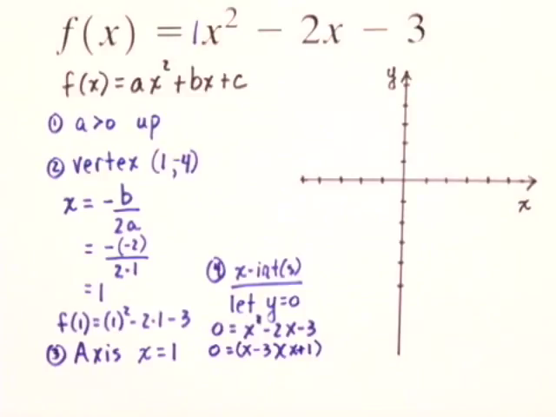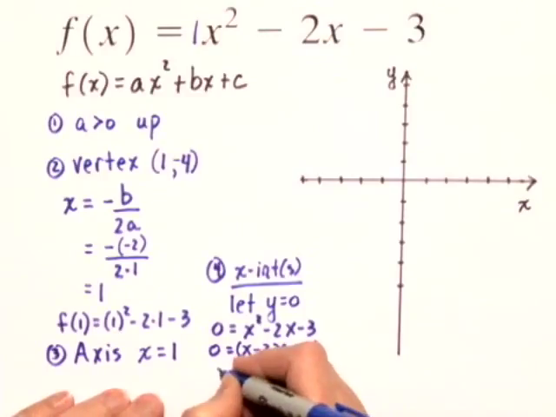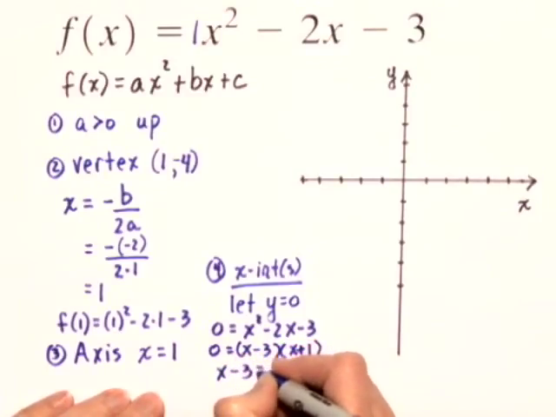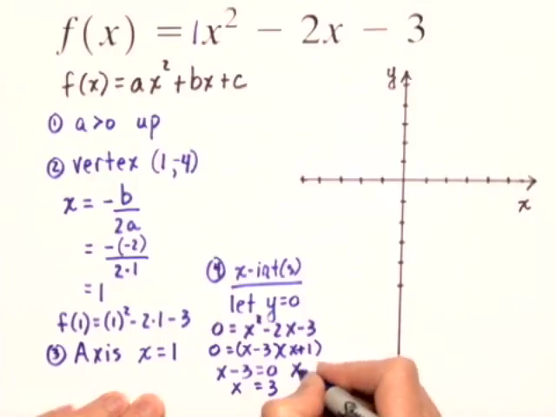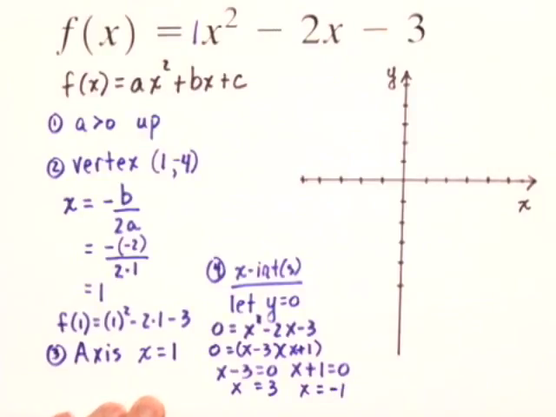If we set x minus 3 equal to 0, we get the x-intercept of 3. And if we set x plus 1 equal to 0, we get the x-intercept of negative 1.